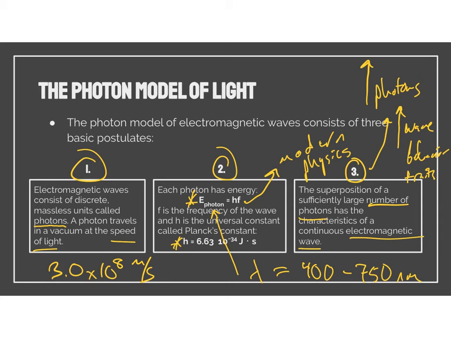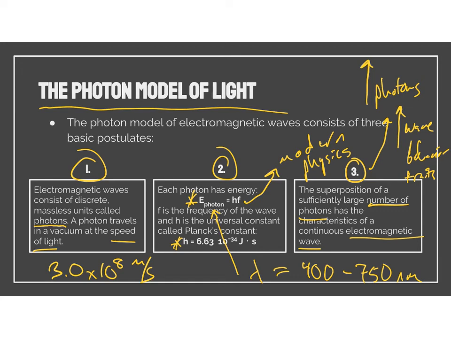So once I have enough photons, that's when I get evidence of the wave-like behavior of light. Within that wave-like behavior of light we have all this photon stuff, but if I have enough photons, then I get the wave-like behavior. And that's the complete version of the photon model of light.